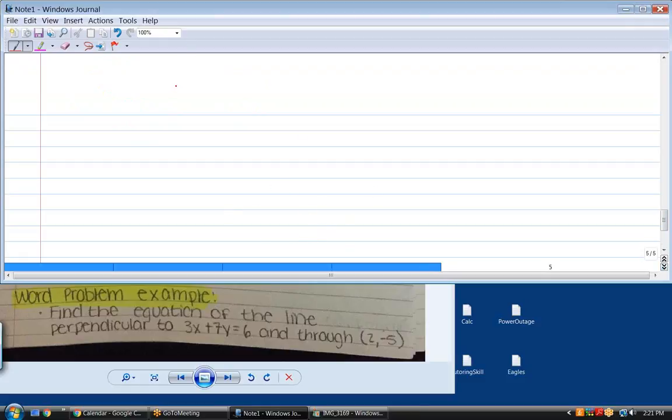So there's the equation of the line. But they want the equation that is perpendicular to this. And the perpendicular one goes through the point 2 comma minus 5.